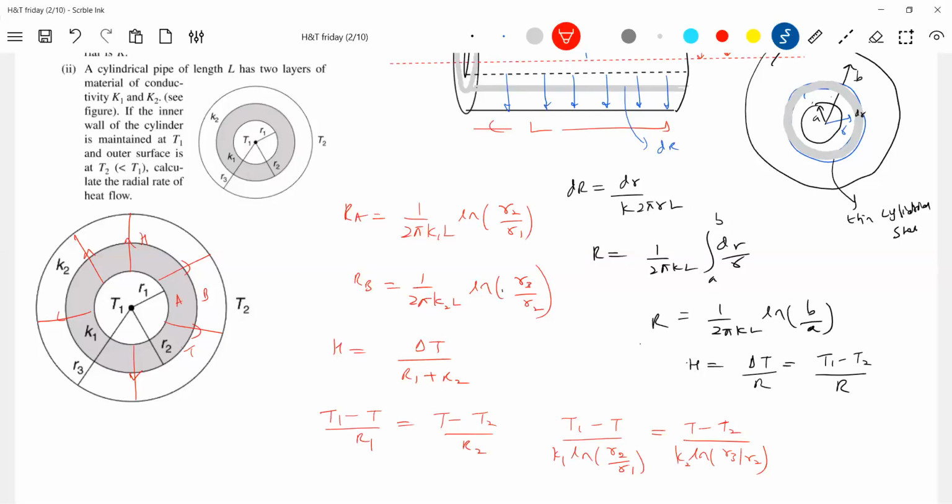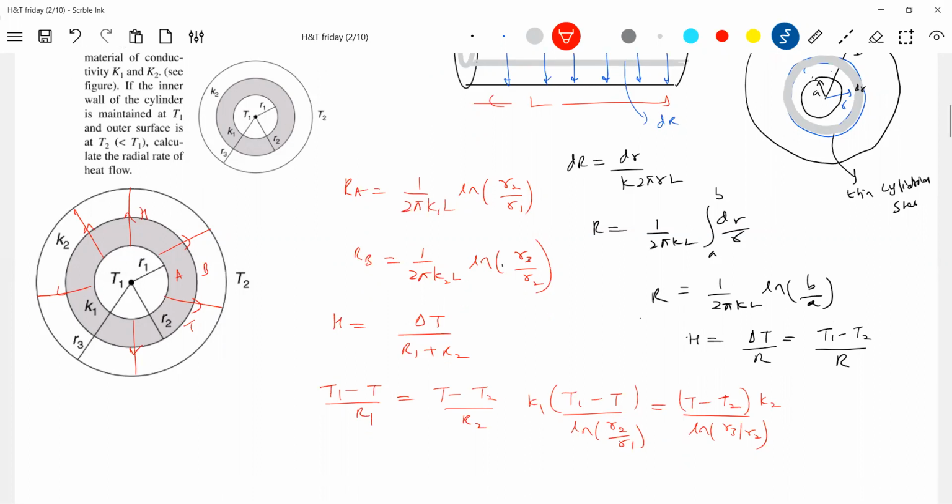Solve for T and you'll get the required answer. In the numerator it will be K1 and K2, sir. R is equal to 1 by 2 pi K, it will come here, no? Yeah, okay, thank you for the correction. Solve for T and you'll get the expression for the temperature of the interface.